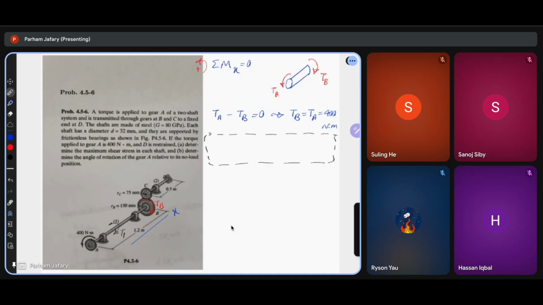I just want to give you guys another scenario. If we had a T1 in the middle, then our equation would have become TA minus T1 minus TB equal to 0, and TB would have become TA minus T1, right? So we don't have that. It's very simple and straightforward in this question. And we find TB to be equal to TA. Okay?